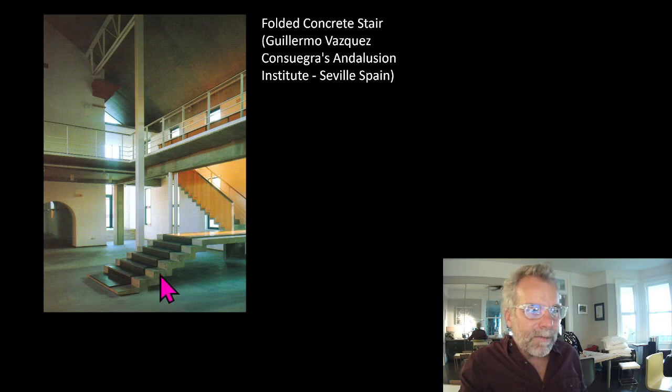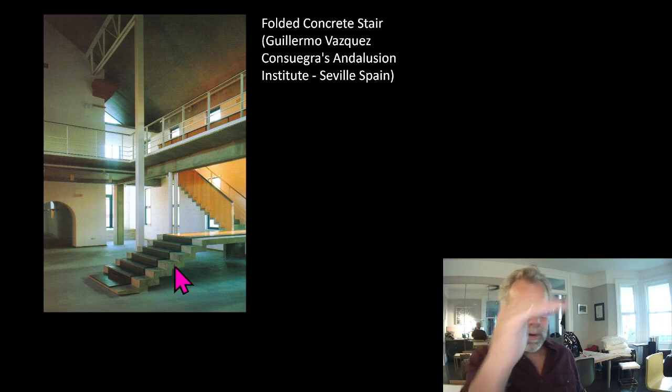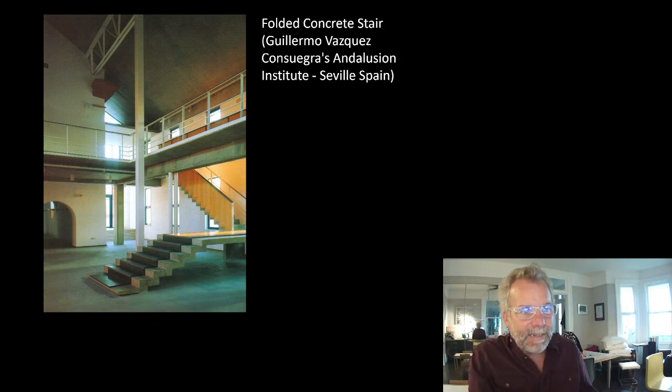So the challenge in a folded stair like this is how do you get the rebar exactly where you need it so that you know that you've got the strength? My suspicion is that recessed well back underneath is actually a support, so that it has the illusion of a folded plate spanning that way, but in fact it's cantilevered out of a center support.